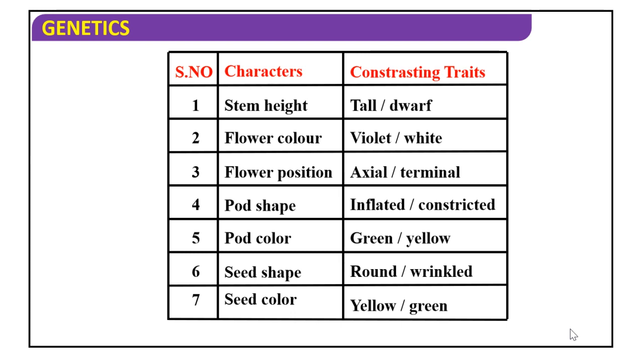The fourth character is pod shape, the contrasting traits are inflated and constricted. The fifth character is pod color, the contrasting traits are green and yellow. The sixth character is seed shape, the contrasting traits are round and wrinkled. And the seventh character is seed color, where the contrasting traits are yellow and green.